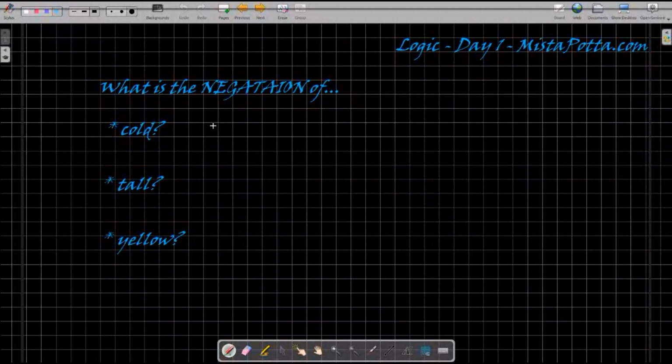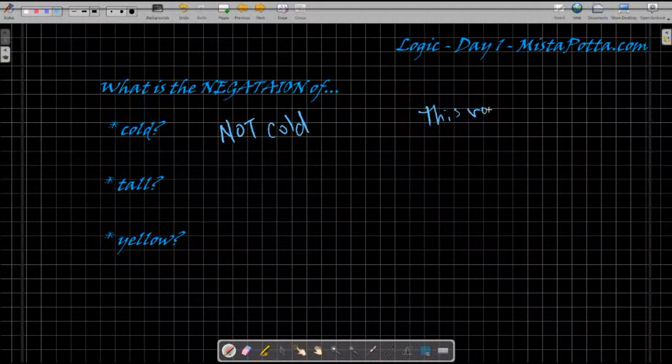So what we need to do is talk about this from the context of, how do I make something the opposite? So what is the opposite of cold? Is the opposite of cold hot, or tepid, or on fire? Or could I do something a lot simpler and just say not cold?